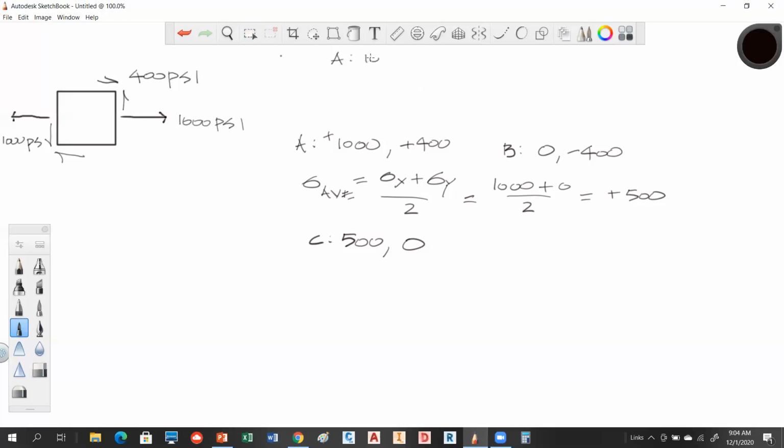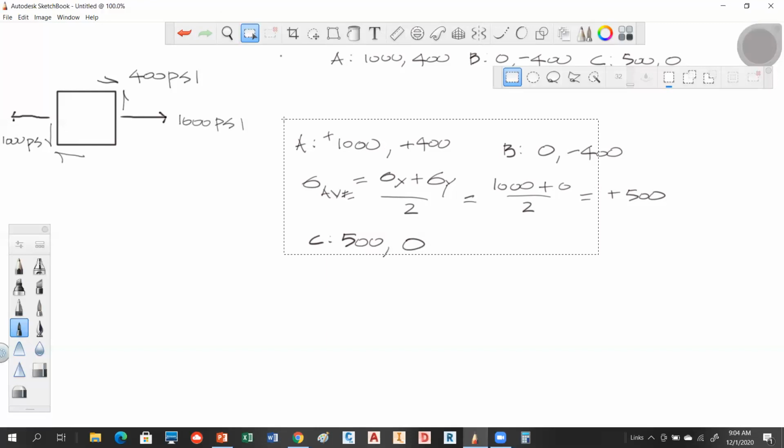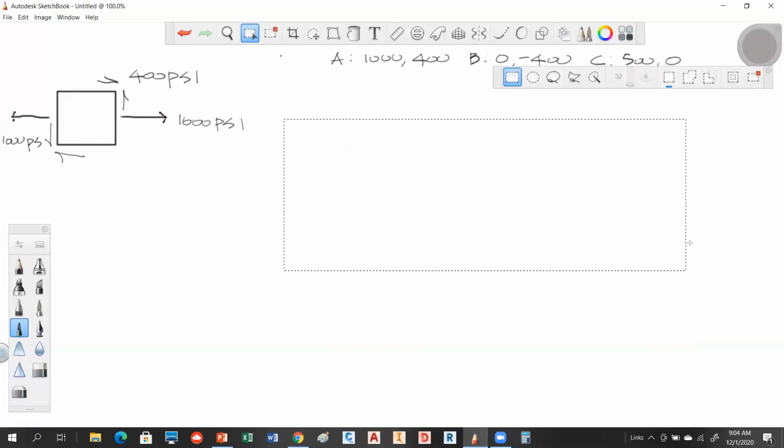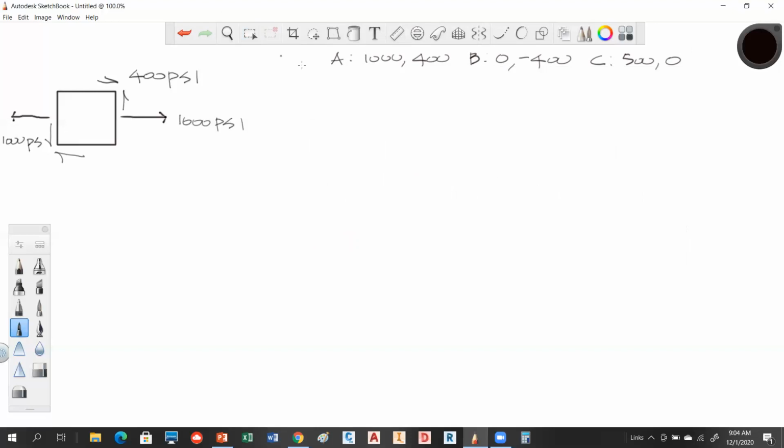And that's 1,000, 400. B is 0, negative 400. And C, which is the center of the circle, is at 500, 0. Okay, so I'm going to go ahead and delete these. Like I said, this will be a lot easier once we can do this on the board on Thursday. But it actually is not that tough.